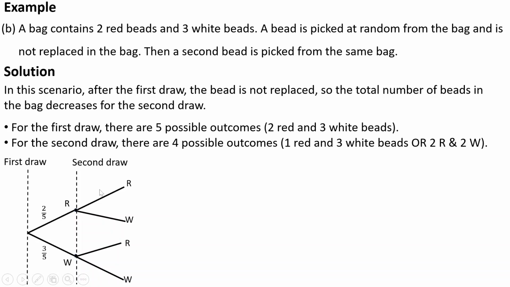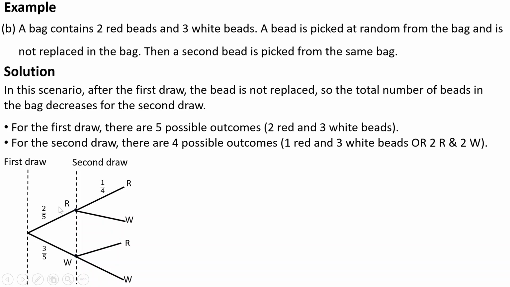Now, since the total number here was 5, and the first pick was not replaced, in the second pick the total number of beads will be 4. So in writing the probability, it will be 1/4.